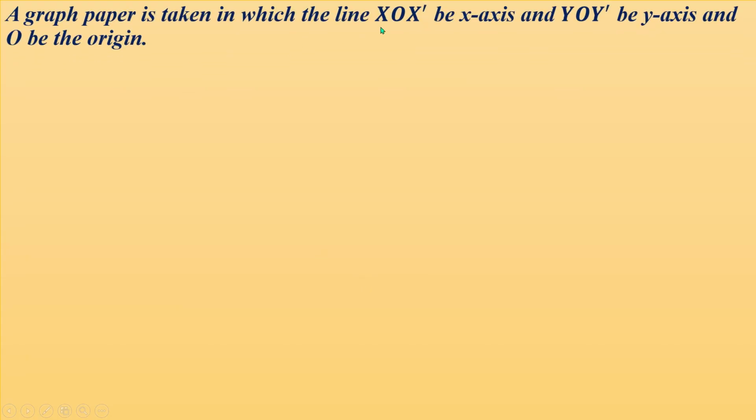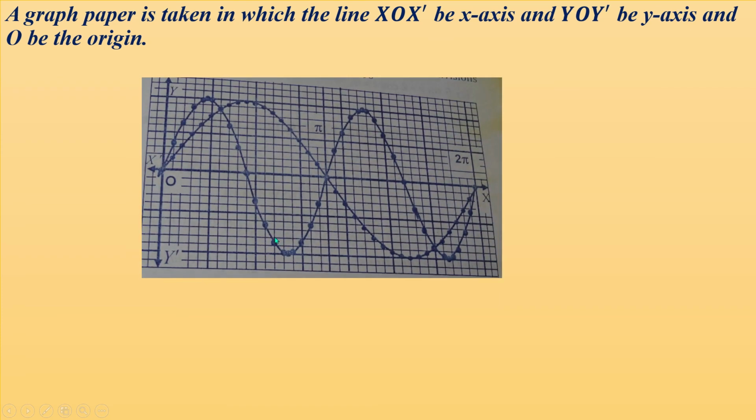Now follow next, same language, and the graph will be like this. Here are two graphs, one is sin 2x and the other one is sin x. These two graphs intersect each other at this point, this point, this point, this point, and this point.